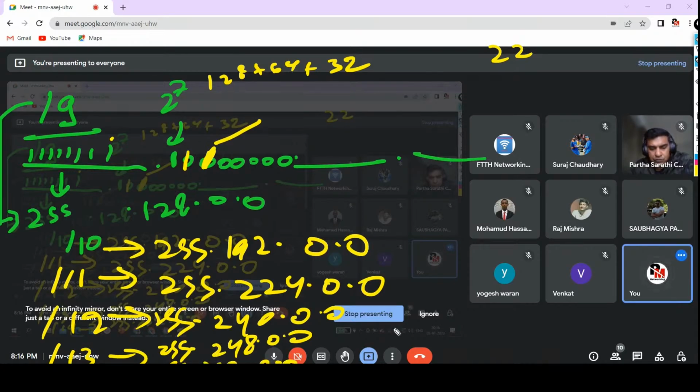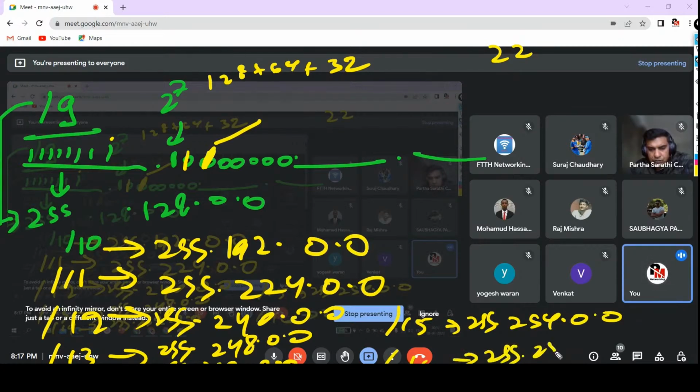For /15, 255.254.0.0. And for /16 it is 255.255.0.0, because here you can see 16 means in this octet all bits are 1, all bits are network bits. So the total value will be again 255.